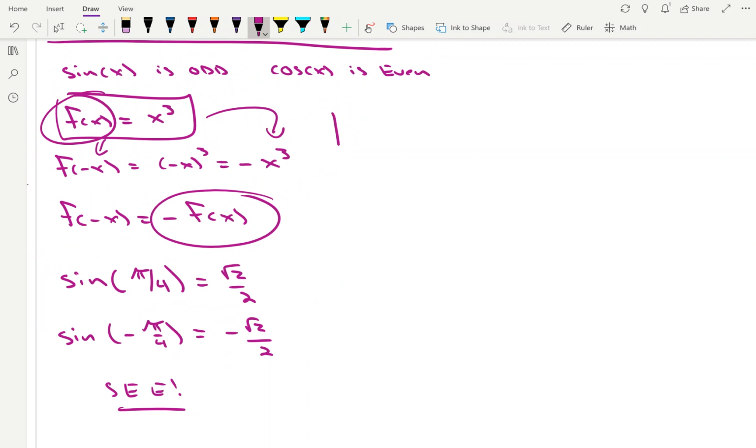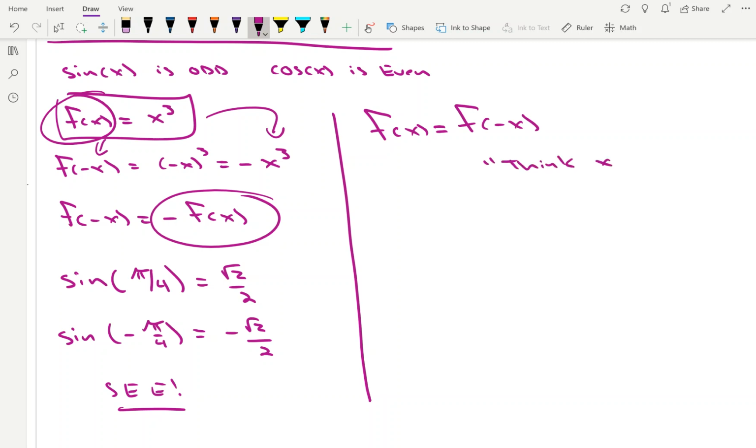And then on the other side of the park, we know that cosine is even. So again, f of x is equal to f of negative x. That's the idea. Just think x squared, and rewind the video and listen to my lecture up there on that topic.